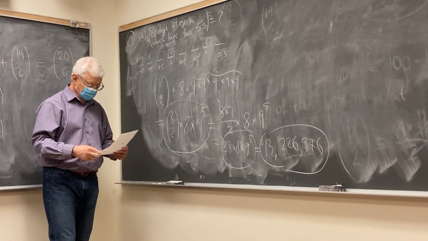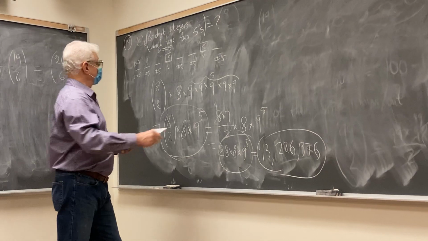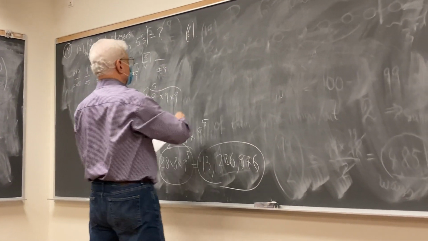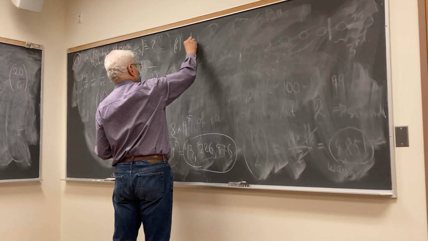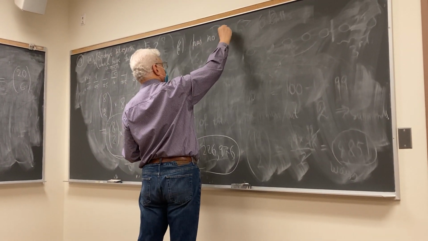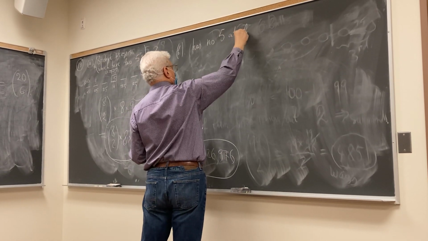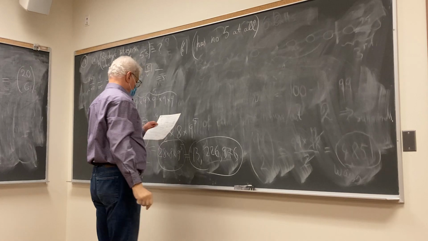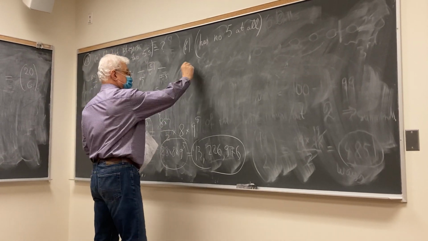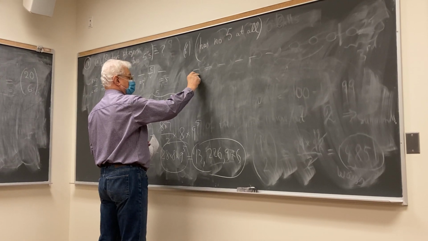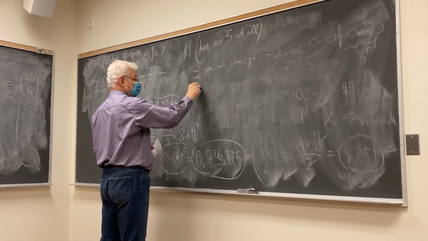Okay, second problem, B: has no 5 at all. No digit 5. Okay, that one is easy. So A is not 0 and not 5.